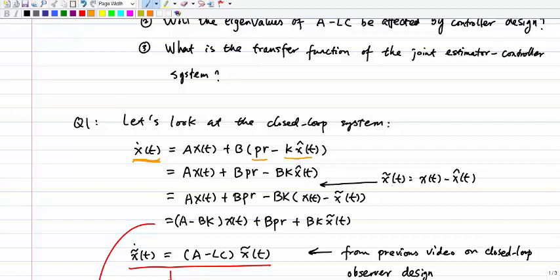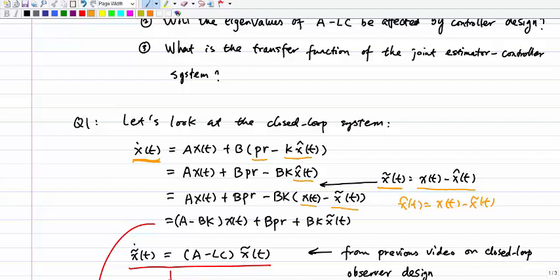Let's define x tilde t, which is xt minus x hat t, the same as I did in the previous video. This is the difference between the actual state and the estimated state. Then x hat t is xt minus x tilde t. So I replace x hat t by xt minus x tilde t.